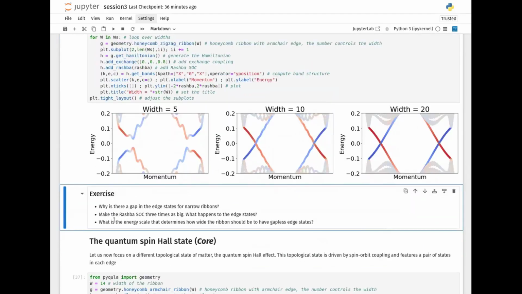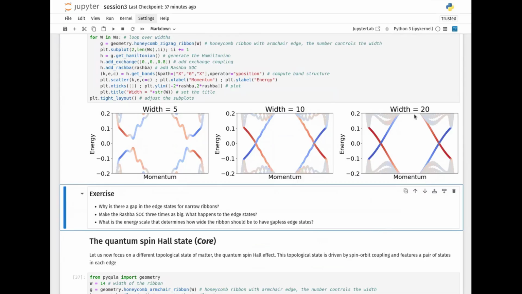So why is there a gap in the edge states for narrow ribbons? And so the whole point is that if you are in a system that has a very large width, you will see your decoupled edge states, right? So you have two edge states actually on one side of the ribbon, two edge states on the other side of the ribbon, right? And these are topological edge states, and they arise due to a Chern number 2 in the electronic structure.